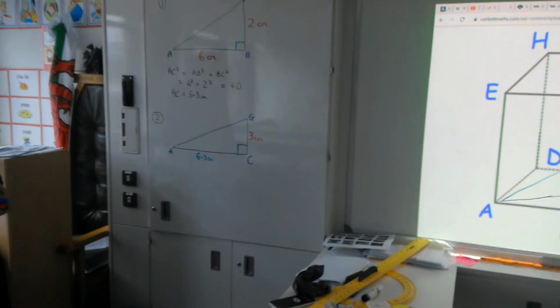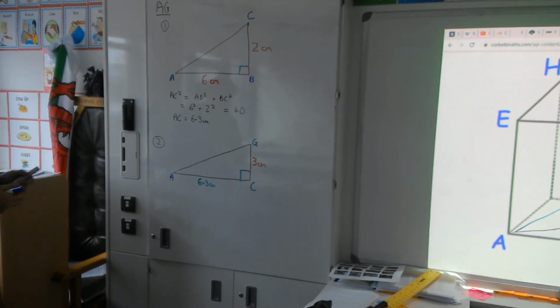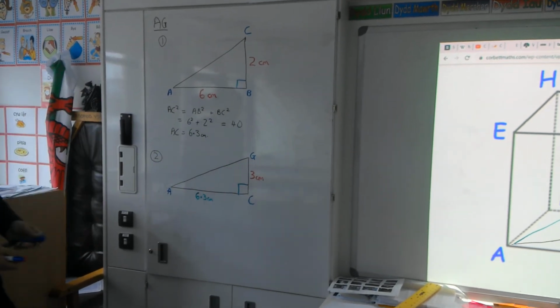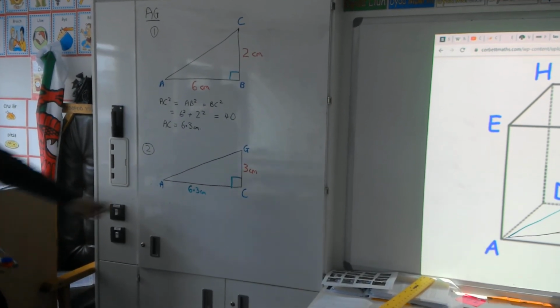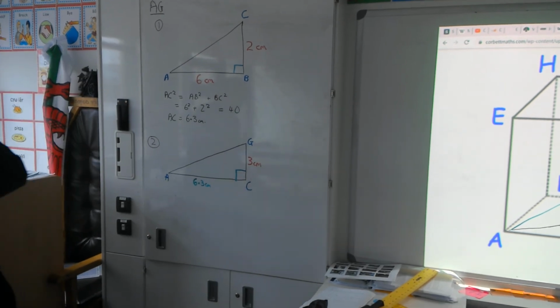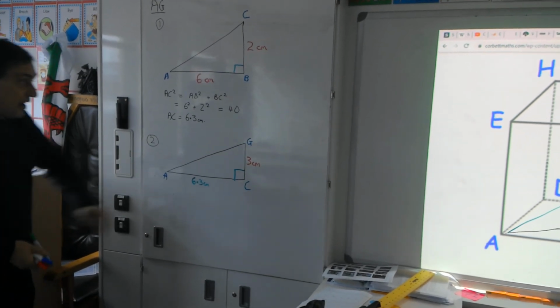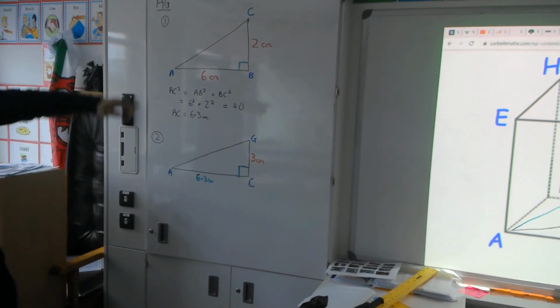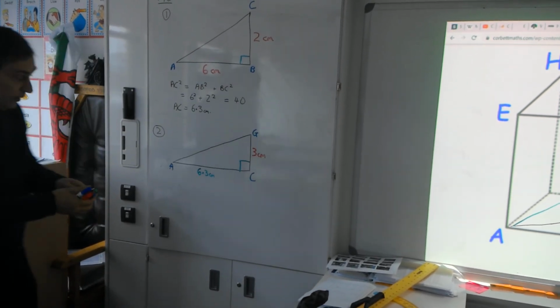Here's our 2D plan. So all we've got to do now to find AG is to do Pythagoras on this triangle. Remembering this must be a right angle because AC forms the flat base of the cuboid and CG is a vertical. So that is why that must be a right angle.